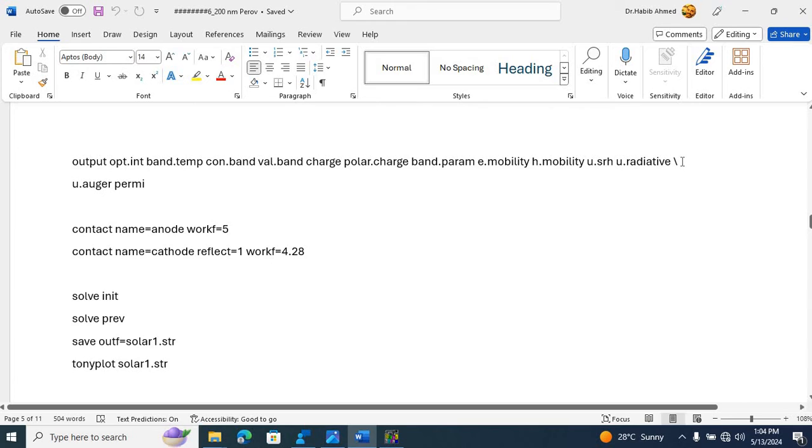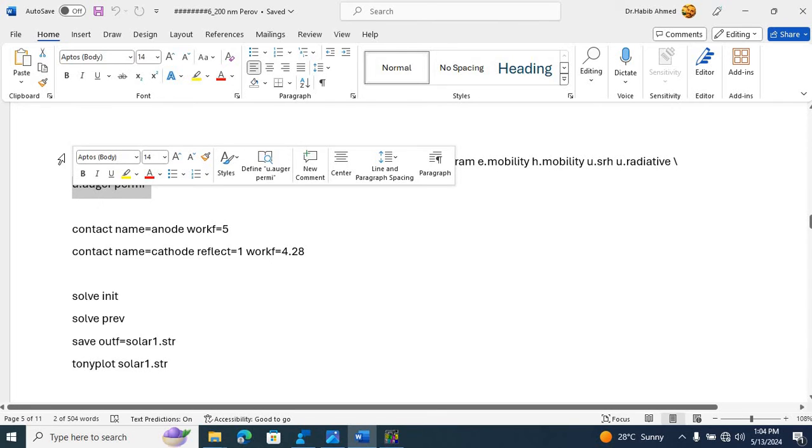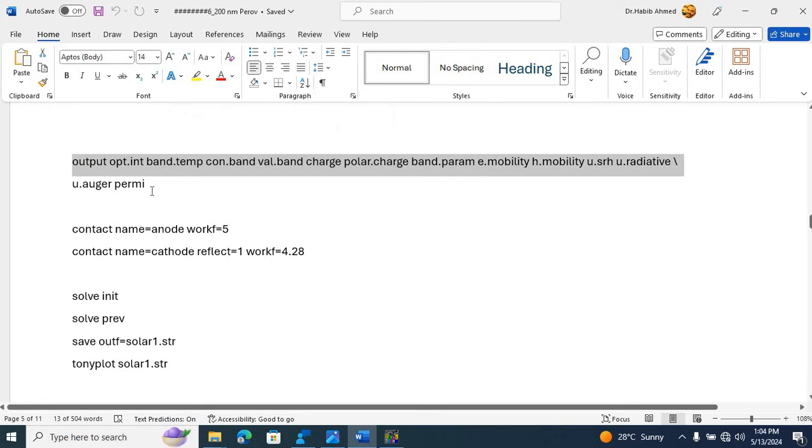And then this backslash over here represents that this is actually part of this code. So we are moving to the next line for the same code.